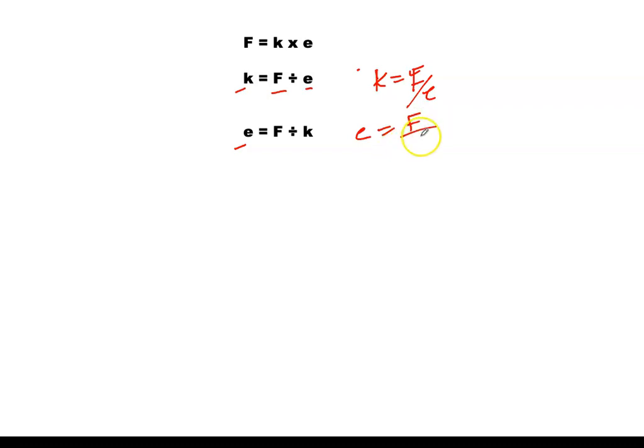So we can find the other parameters of the equation if we know two of them. What it means is that if we know F and E, we can find K. So K is what? F divided by E. K is F divided by E, and E is F divided by K. Okay, E, the extension, is the force divided by the spring constant.